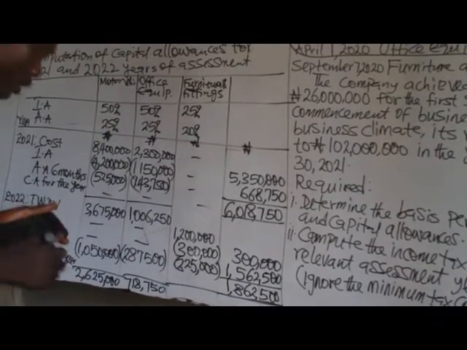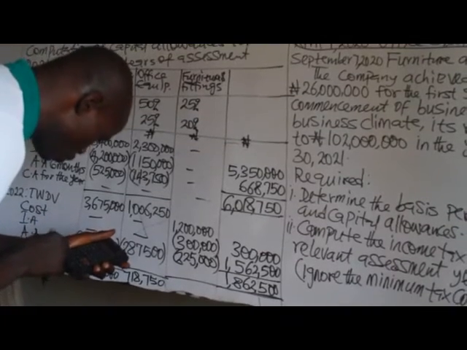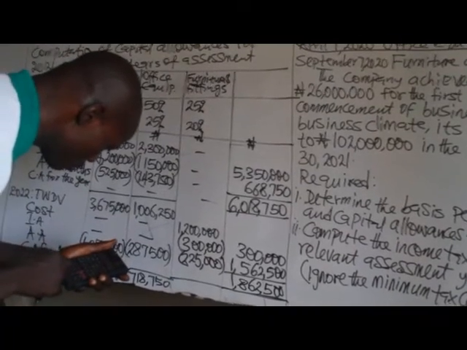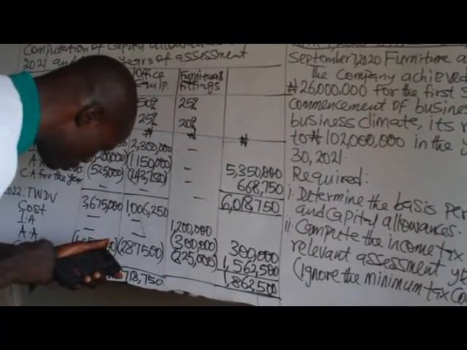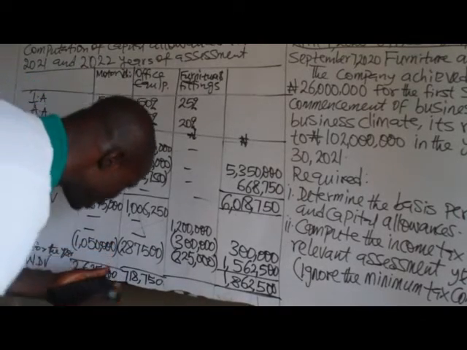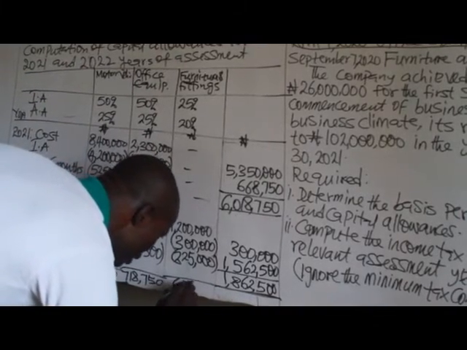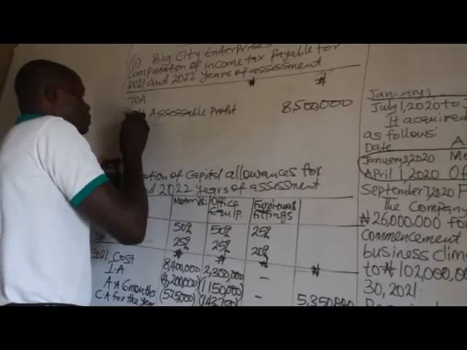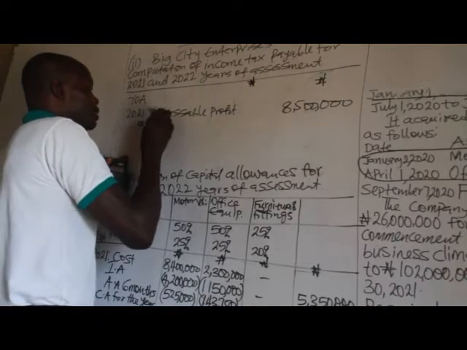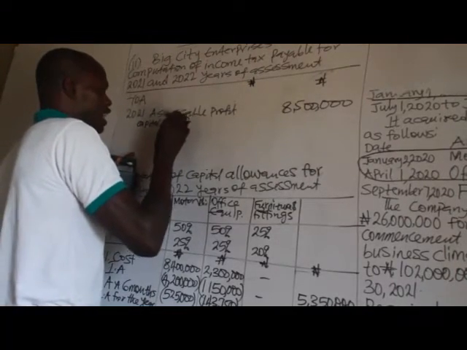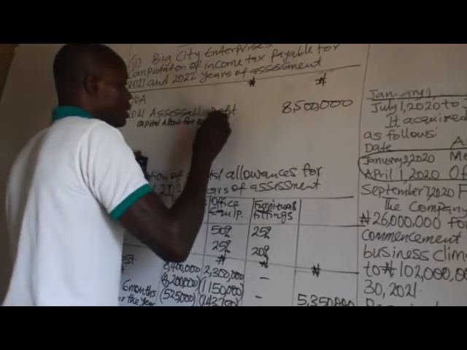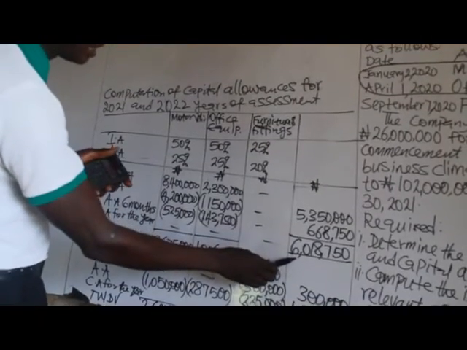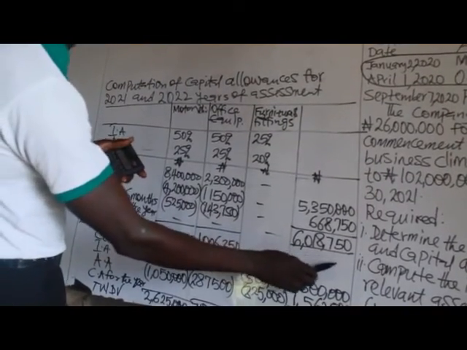On the furniture and fittings, 1.2 million minus 300,000 minus 225,000. Then we have 675,000. Now, the capital allowance for 2021 year of assessment as computed is 6,018,750.